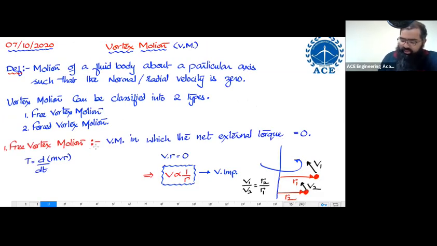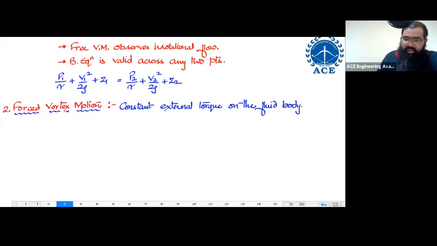In the case of free vortex motion, we mentioned that it is a vortex motion in which the net external torque is equal to 0. Whereas in forced vortex motion, you are going to have a non-zero constant external torque acting. By virtue of this constant external torque, every fluid particle has the same angular velocity.